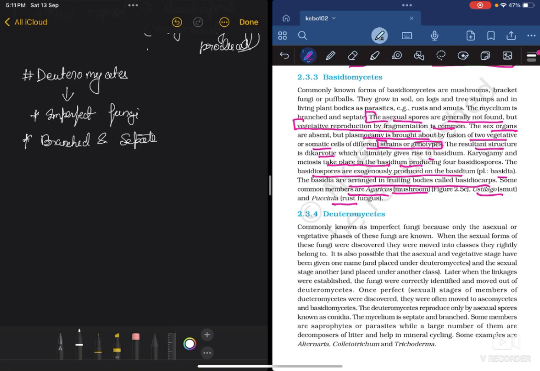Asexual reproduction takes place through conidia, produced exogenously. It is to be noted that only asexual or vegetative stages are found. The sexual stage is generally absent.